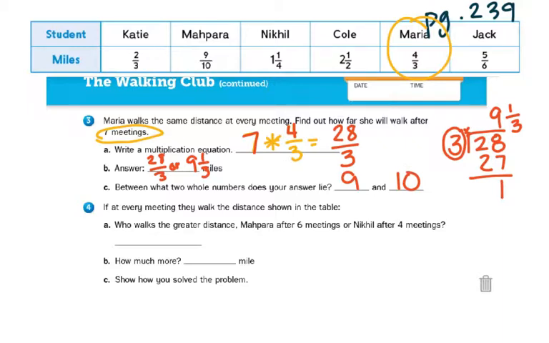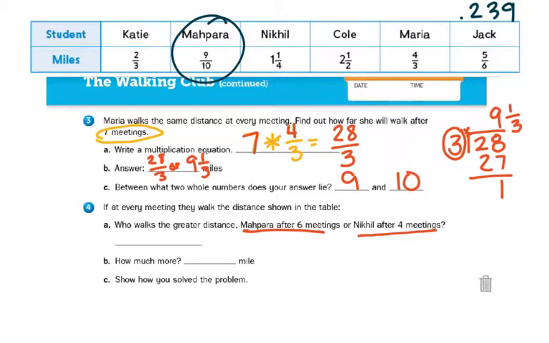Number 4. If at every meeting they walk the distance shown in the table, who walks a greater distance, Mafara after 6 meetings or Nikhil after 4 meetings? Let's look at Mafara, which is 9/10.